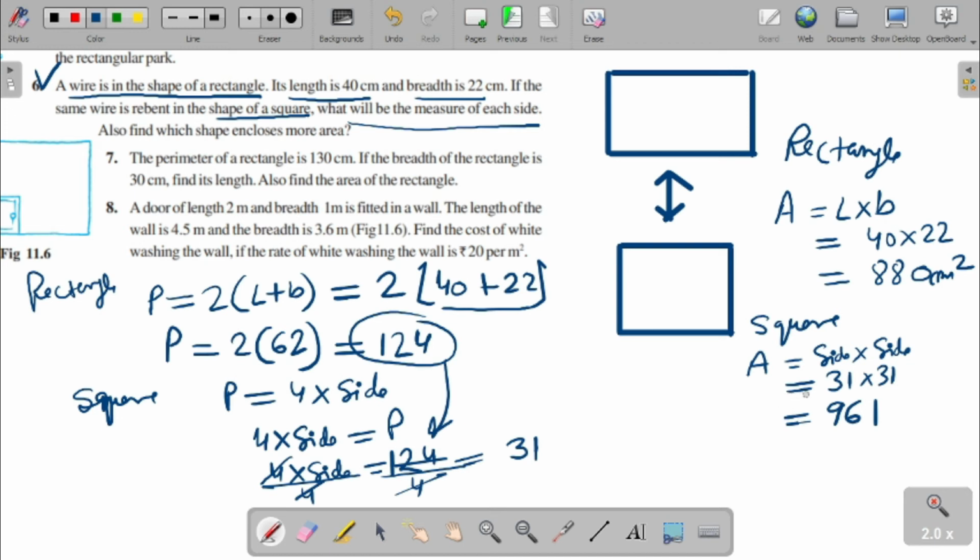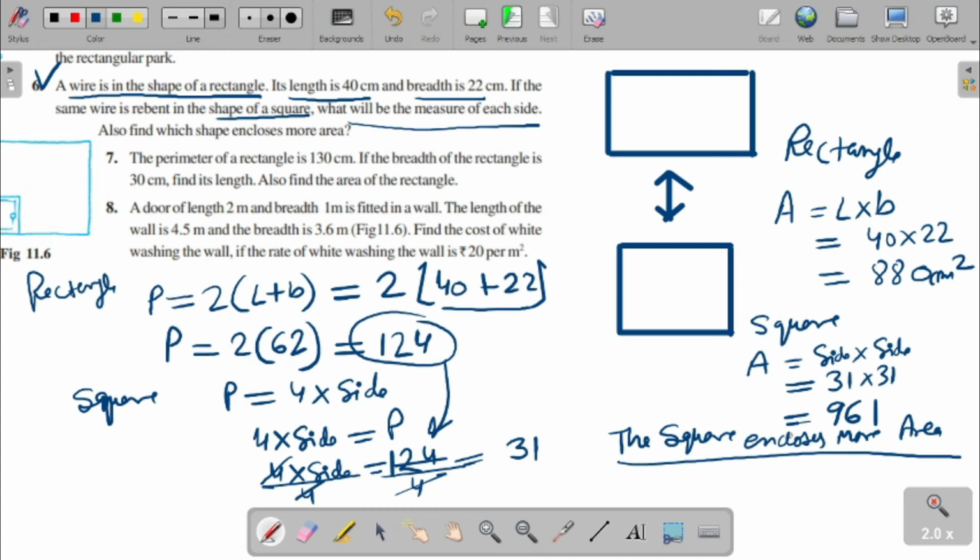So that means the square has more area. So we can say the square encloses more area. This will be the last statement. So this is all about question number 6.